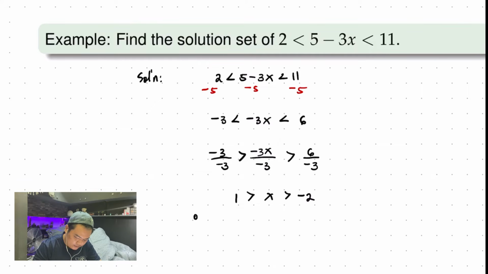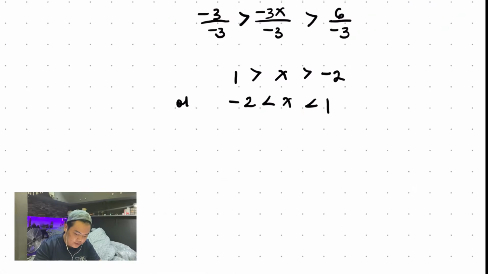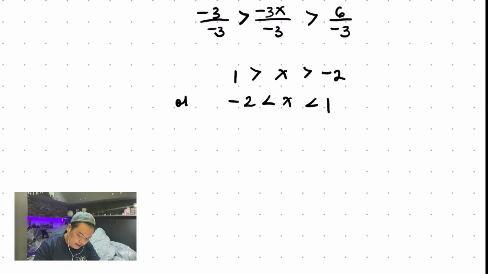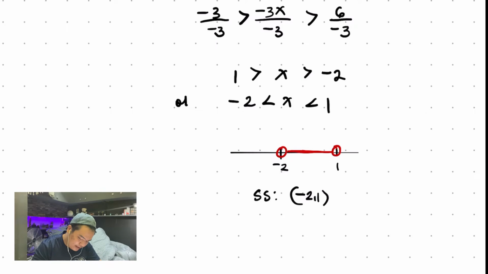Or, pwede mong baliktarin lahat. At kapag dinrawing mo sa number line yan, this is negative 2, this is 1. Hindi kasali si negative 2 tsaka 1. So, yun yung solution set. So, ang solution set natin is the interval negative 2, 1. Hindi kasali pareha si negative 2 and 1.